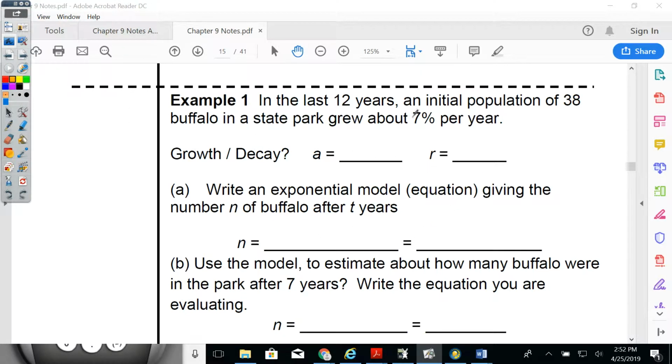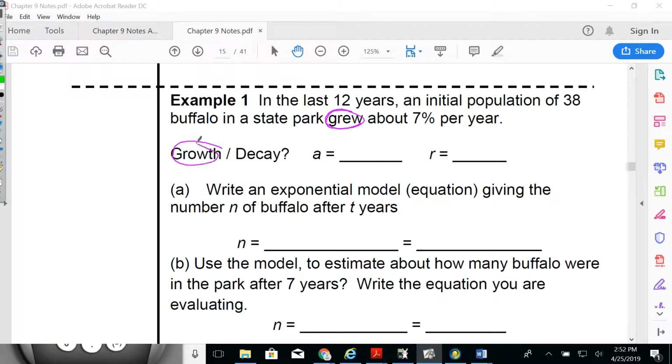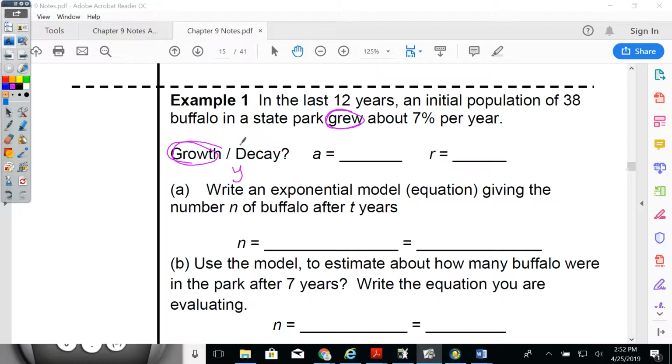So in the last 12 years, an initial population of 38 buffalo in a state park grew about 7%. So first, we want to know, is it a growth or decay? This says that it grew, so I know it has to be a growth, which means I want to use the growth model, y equals a times 1 plus r to the t, not the decay one.